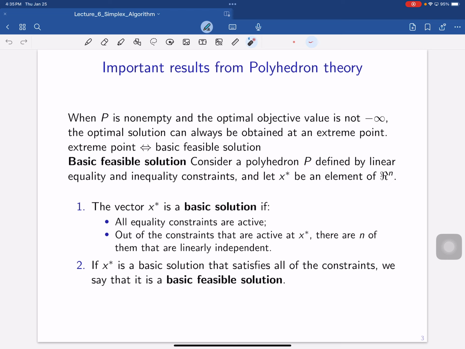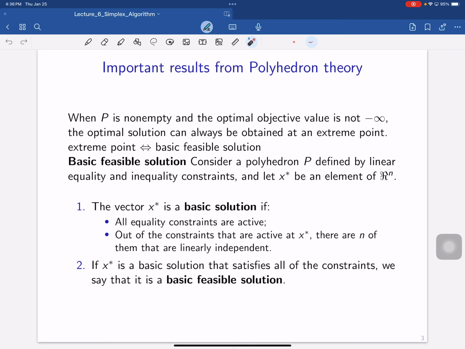And how to find a basic feasible solution, we first need to define what a basic solution is, right? In a basic solution, all the equality constraints are active. In linear programming, there might be a bunch of linear equality constraints, right? All those are active, and out of the constraints that are active at this point x star, there are n of them that are linearly independent, right?